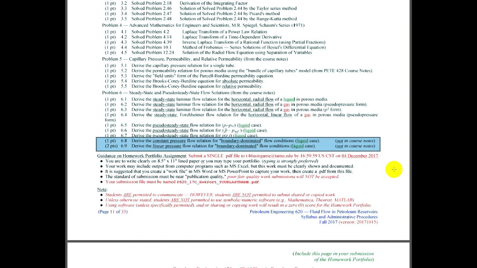There's a very straightforward way of doing this. You assume the constant pressure case, solve it for that. You assume the linear pressure case and solve it for that. Not linear reservoir, but pressure as a function of time. P is equal to some constant A minus some constant B times time. So the pressure is declining with time. Everybody got that? Good.